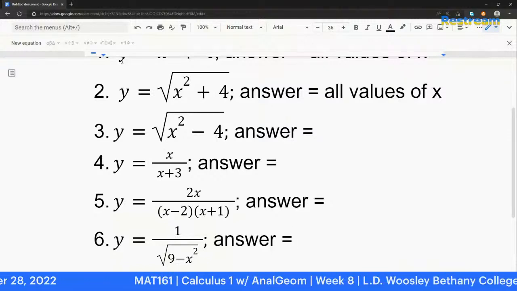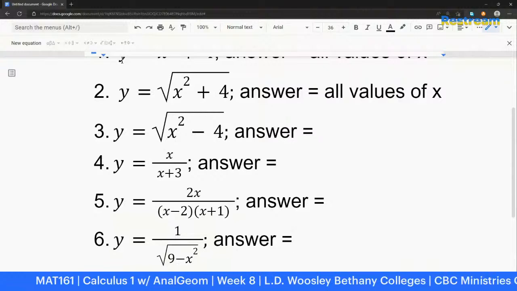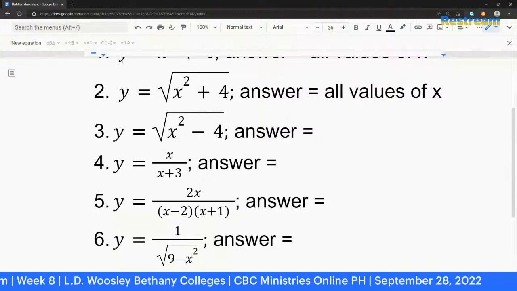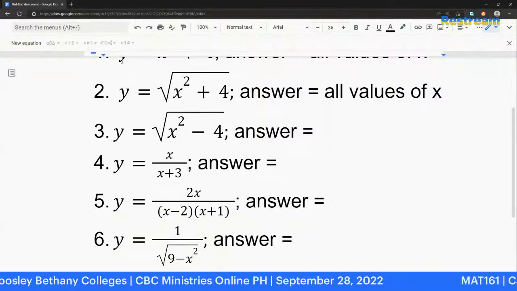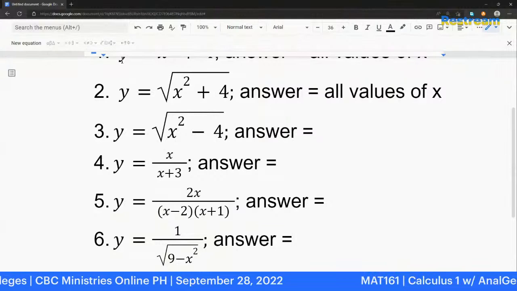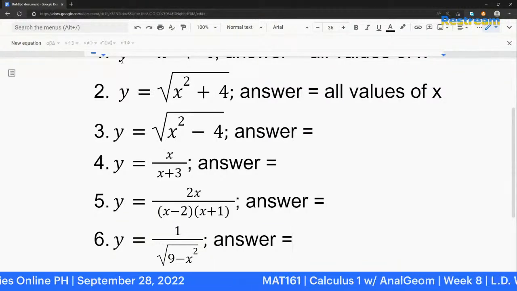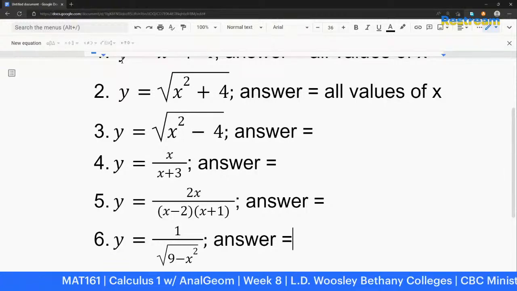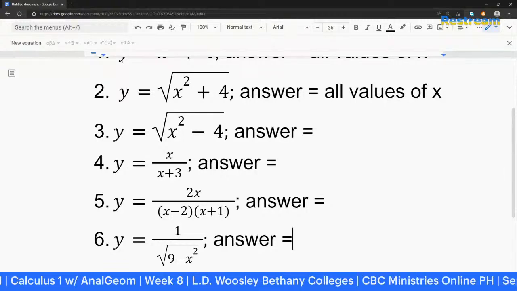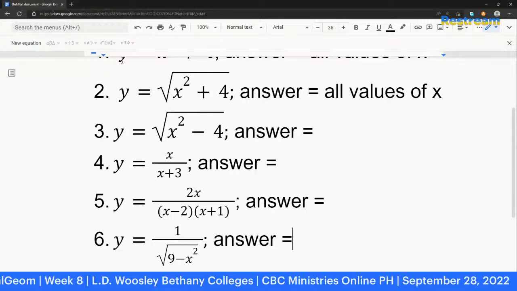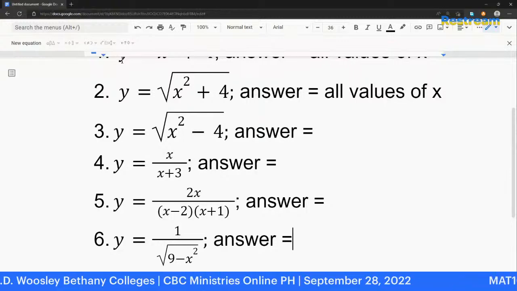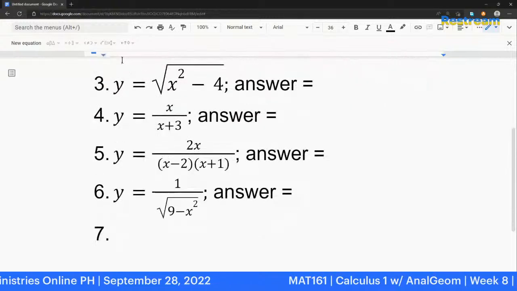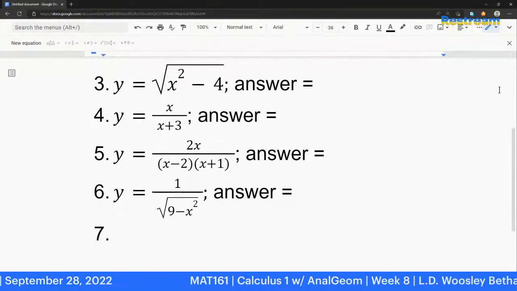What is the domain of the given function? Sorry, may number 7 pa, pero mamaya na yan.